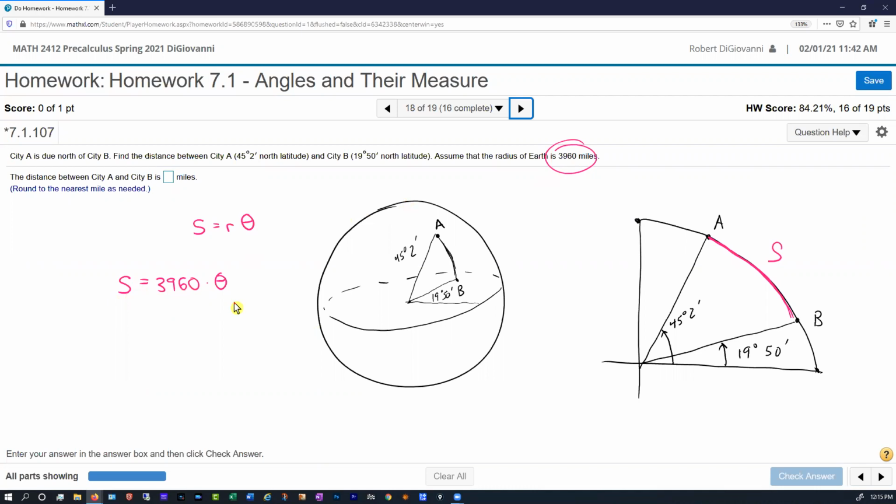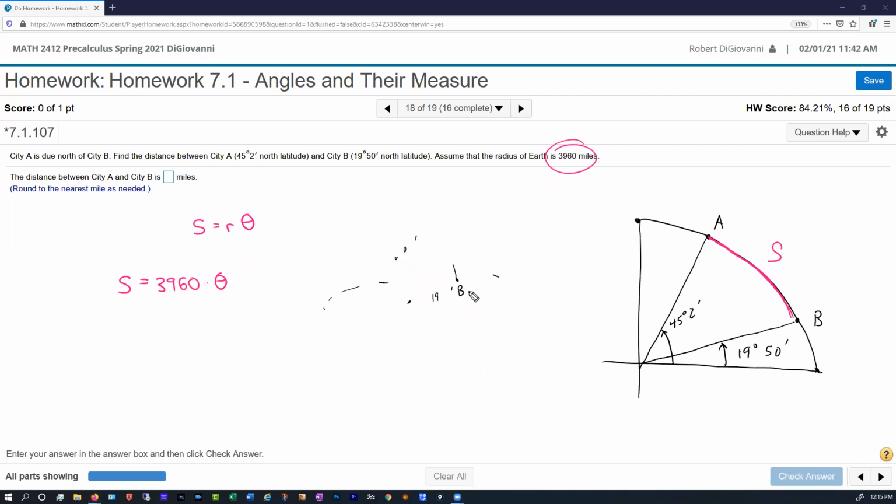The way I'm going to go about this is to first find that angle right there. So what I need to do is take this angle and subtract this angle. First I take 45 degrees 2 minutes and convert minutes to degrees by multiplying by the conversion factor.